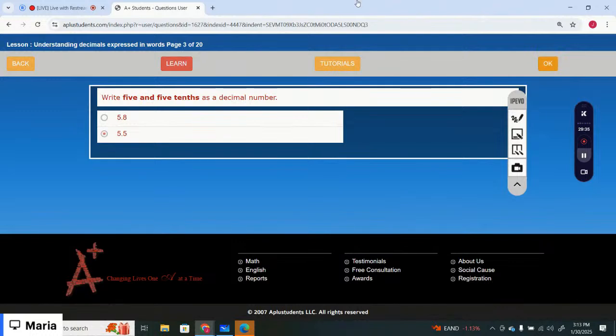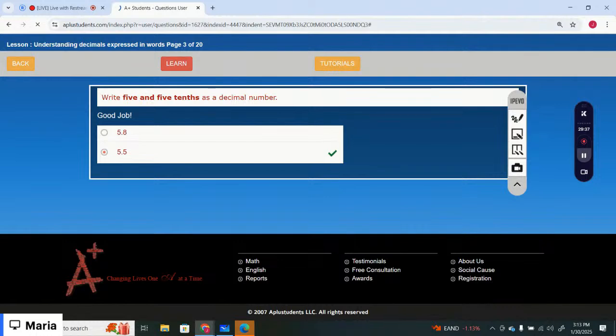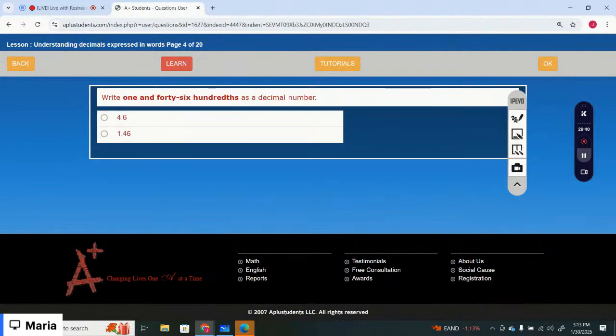Option number 2 is the correct option. One and 46 hundredths as a decimal number.